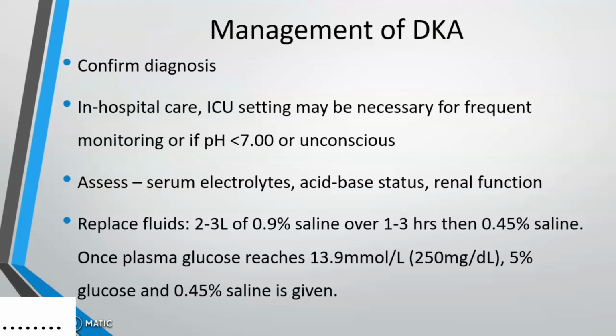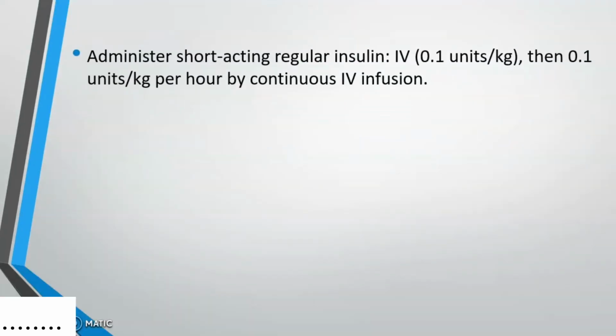2 to 3 liters of 0.9% normal saline over the first 1 to 3 hours. Then half-strength saline should be given once plasma glucose reaches 13.9 millimole per liter. 5% glucose and half-strength saline should be given. Now, we need insulin administration as part of our management.